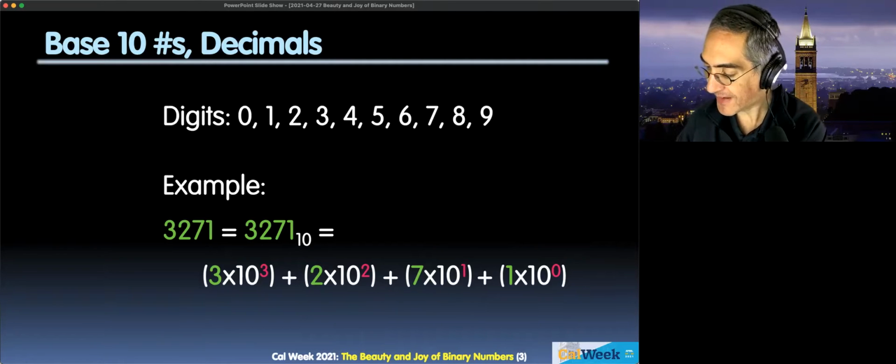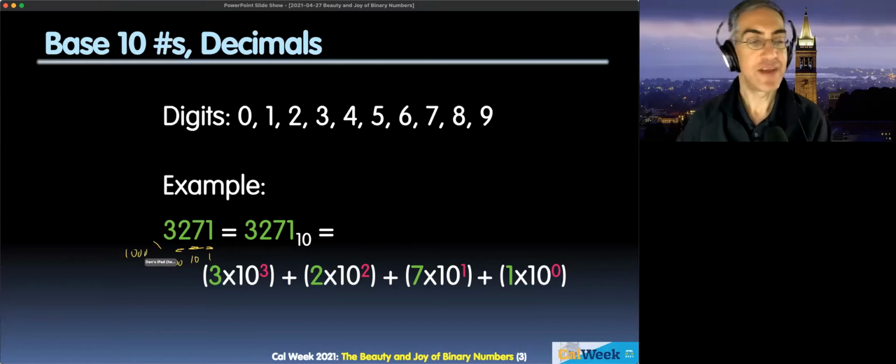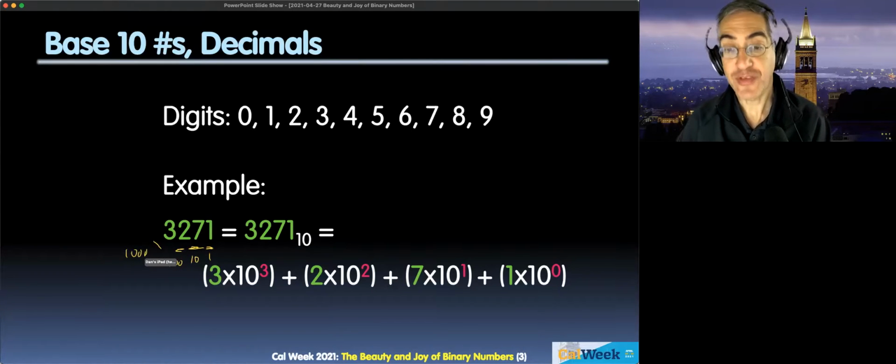What this means is, we start from the bottom side. This is the ones column, the 7 is the tens column, this is the hundreds, and the 3 is the thousands. So you might remember your teacher saying 3271 really is 3 thousands.